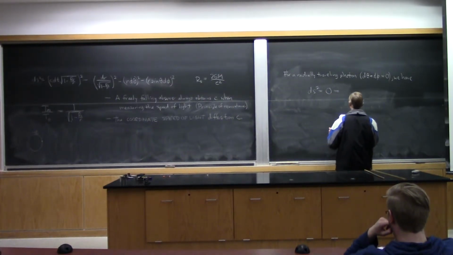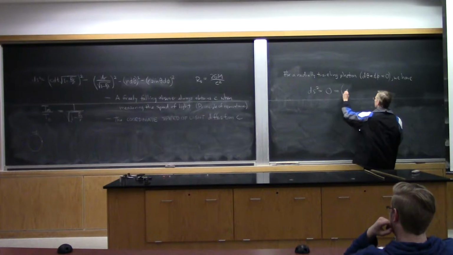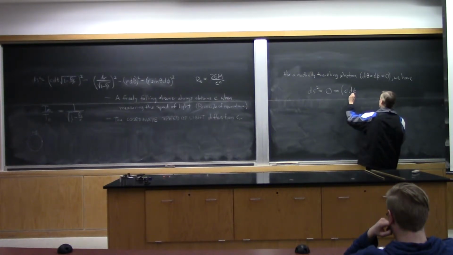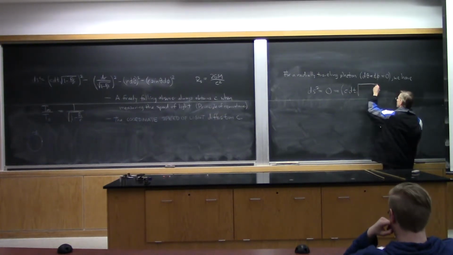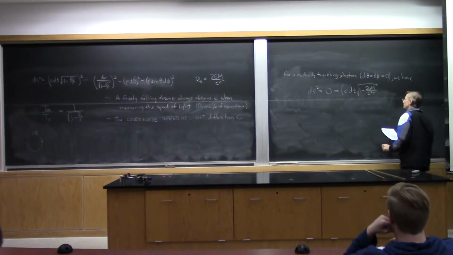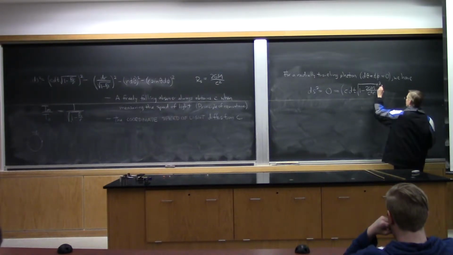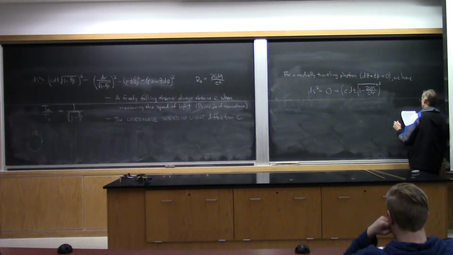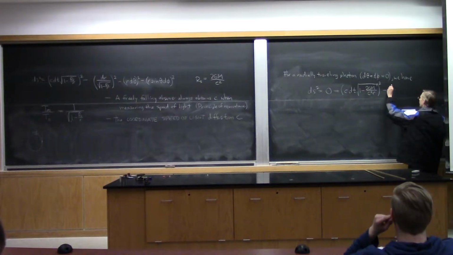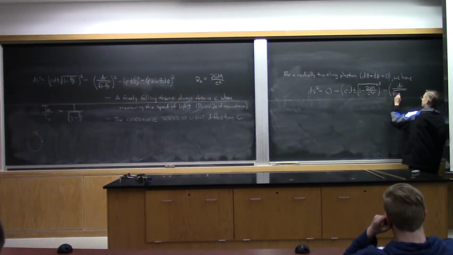So we get 0 is equal to c dt times, and I'll just go ahead and put in the 2GM over c squared, square root of 1 minus 2GM over c squared r for the time piece, minus dr over the same square root for the space piece.